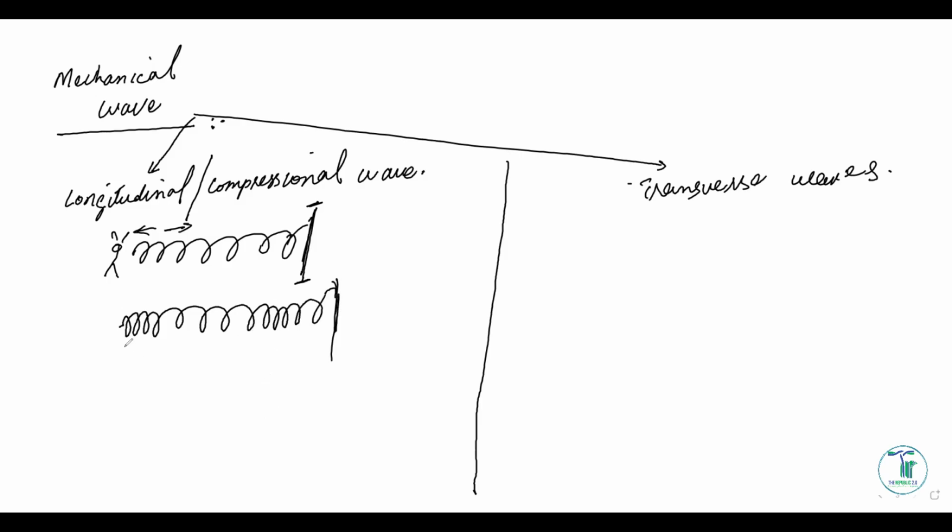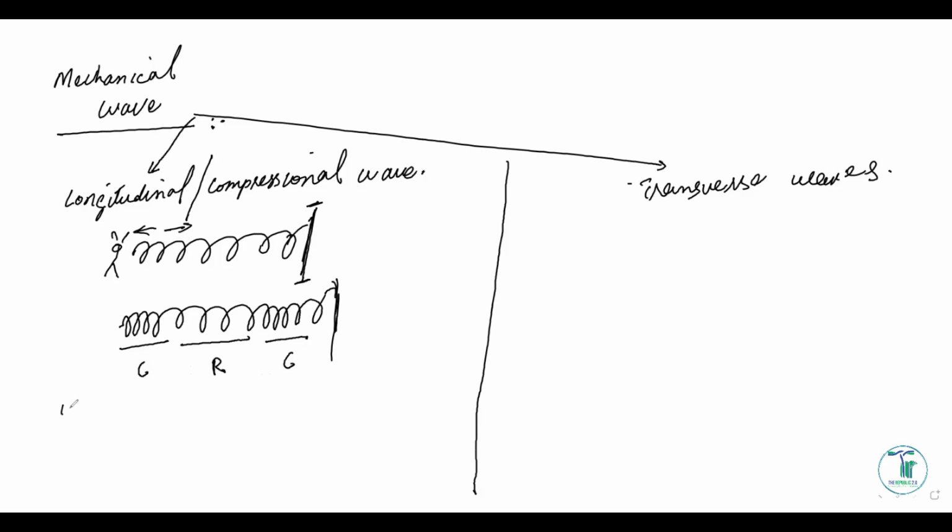You can see there is a part of the wave where the particles are very close to each other, which is known as a compression. And you can also see there is a part of the wave which has a rarefaction, where the particles are very far away from each other. Then you'll see a part of the wave where the particles are very close to each other again, so that is known as compression. Is that clear as well? Right?